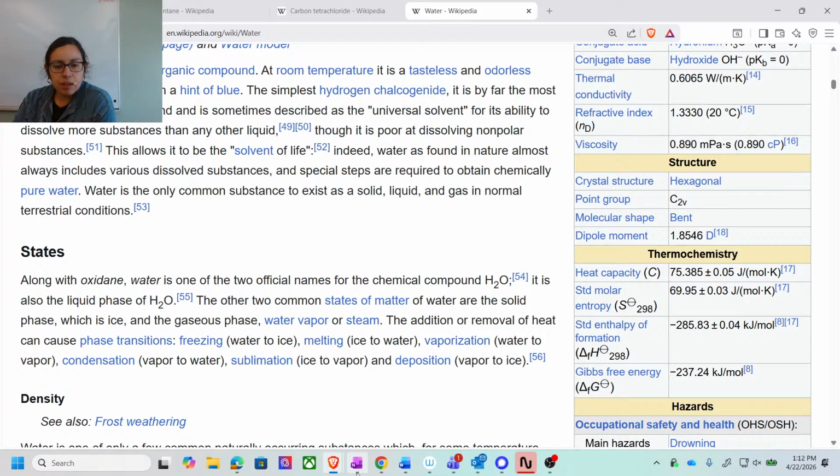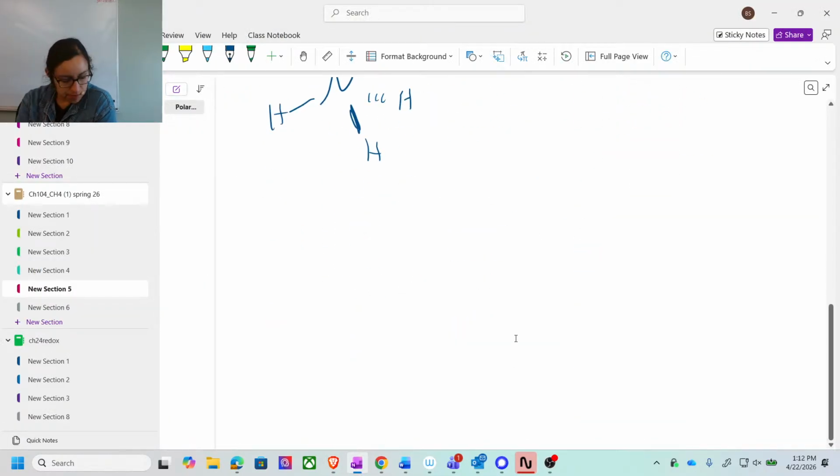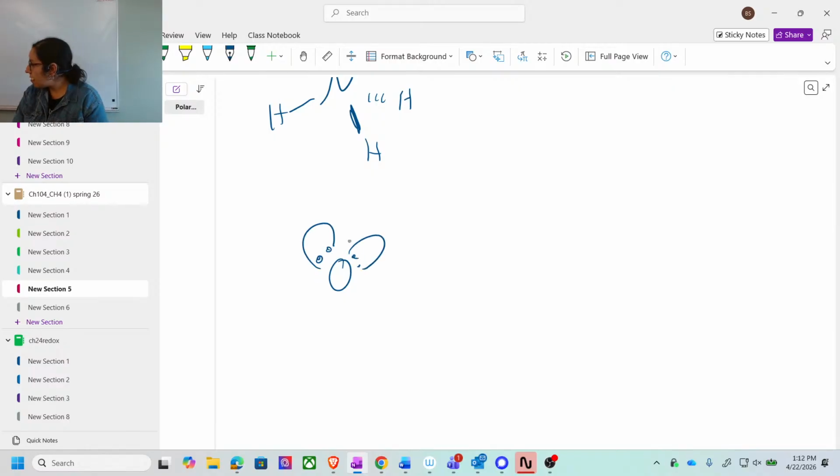We can draw out water and understand why it's polar, right? Tetrahedral base, but now 2 of those substituents are replaced with our lone pairs, and that creates a region of electron density on that one side.